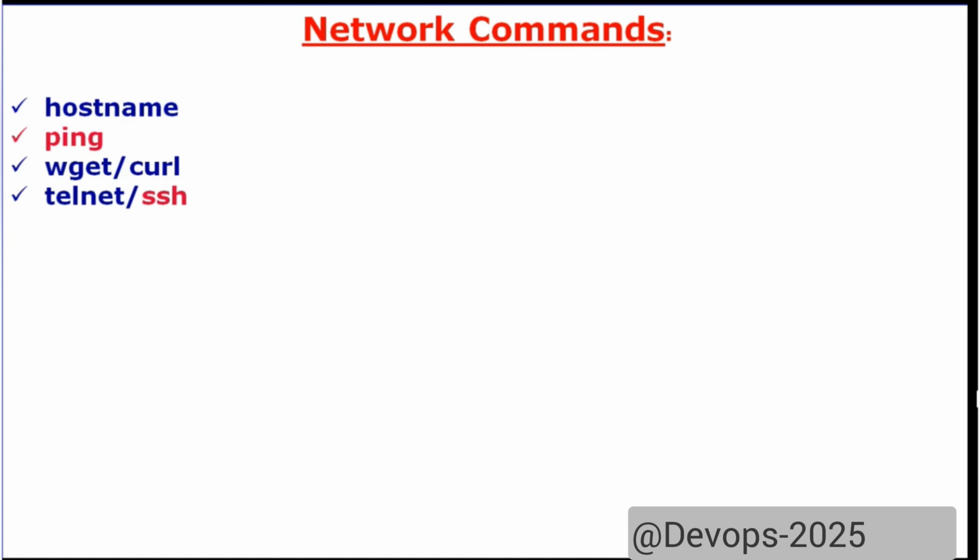Telnet works in Windows as well, but it does not use any public or private key to connect to the server. So it is an insecure protocol. That is why, whenever you want to connect from one server to another server, we can use the SSH protocol.